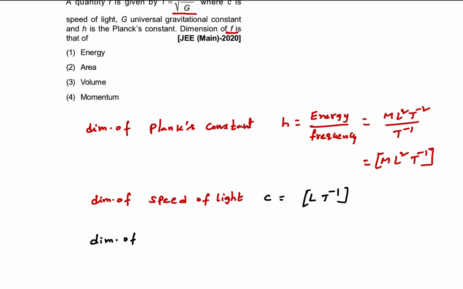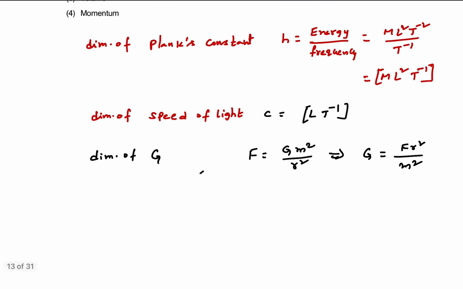Next, dimensional formula for g, the universal gravitational constant. First, you should know the formula for this. We have F is equal to g m1 m2, that is m square, divided by r square. So from this, g is equal to F r square divided by m square.